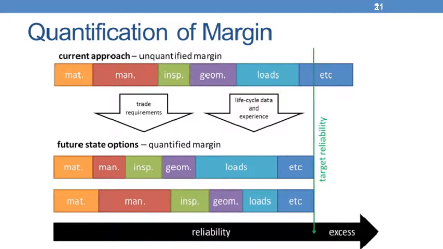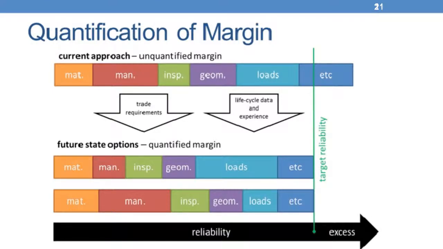The quantification of margin. This view shown on the slide here spells out the current approach in comparison to the future state that we're aiming towards. With the current approach, each contributing discipline builds in an unquantified margin, as I've said a couple of times, potentially resulting in an excess reliability when compared to the actual reliability target from the component or system.